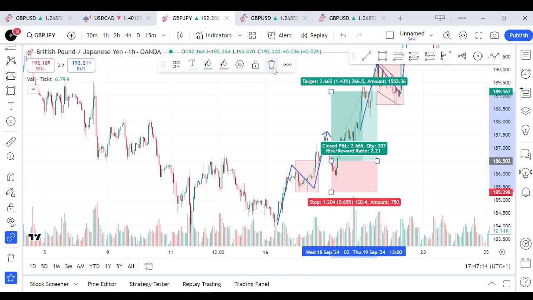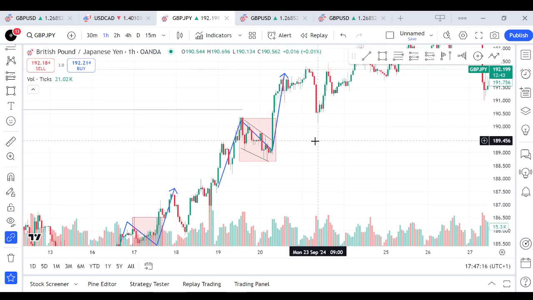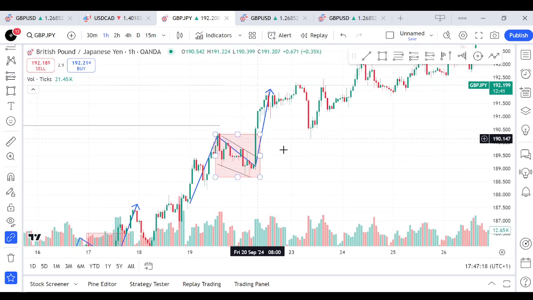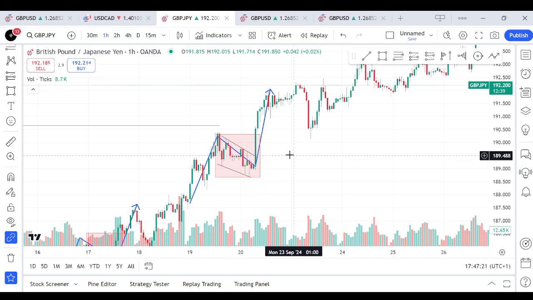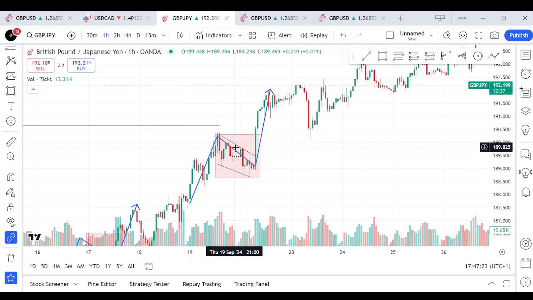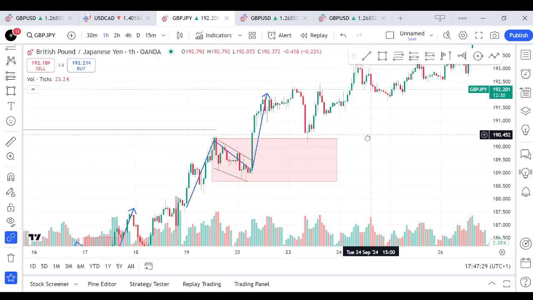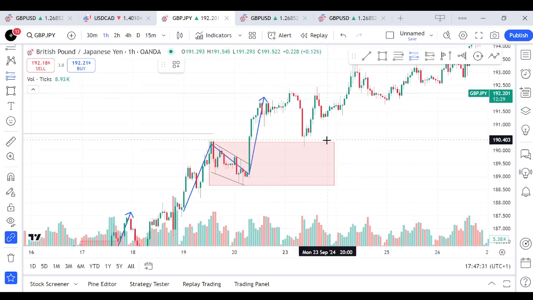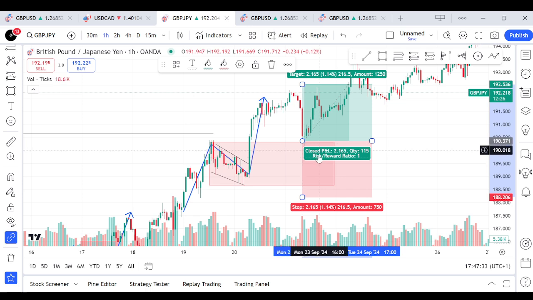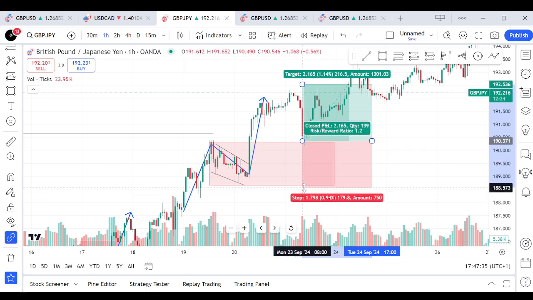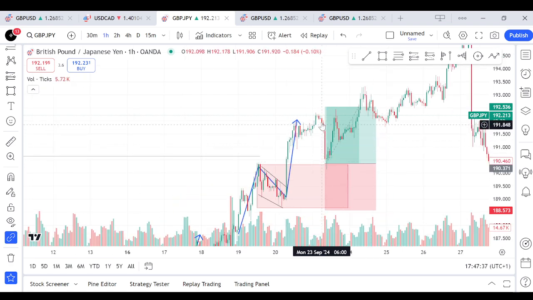Let's look at this example. You can see price coming back to retrace. Here, price didn't come back to the 50% level, but price did come back and tapped into this base. Extend this. You see, this was a worthwhile support level, and price started retracing from there and started giving us a push to the upside.